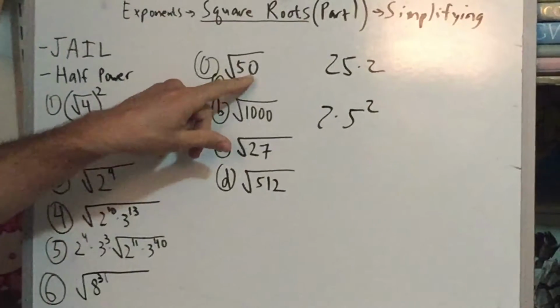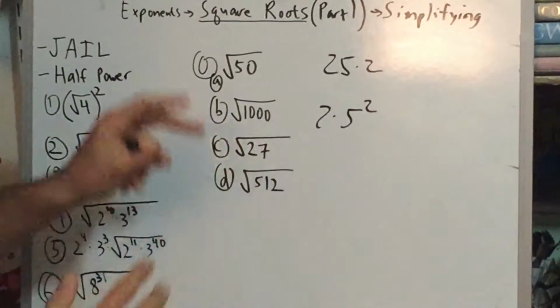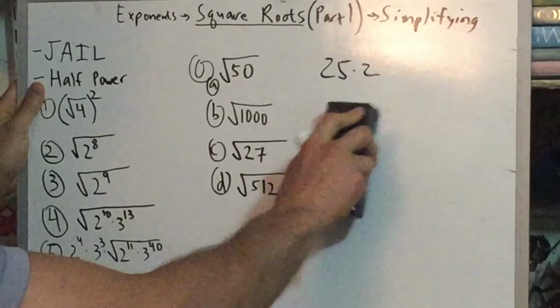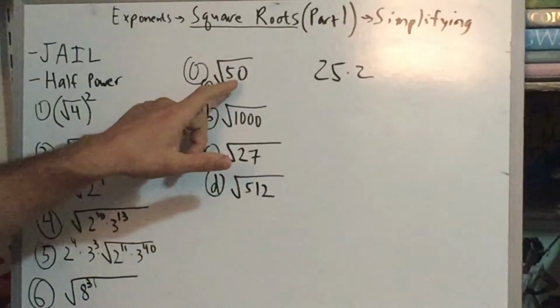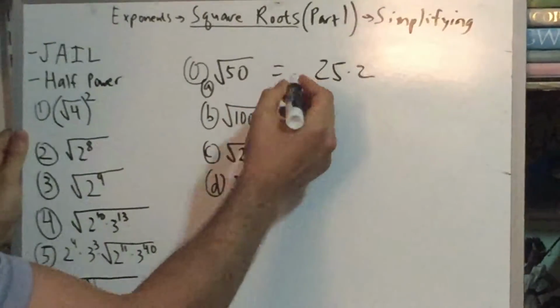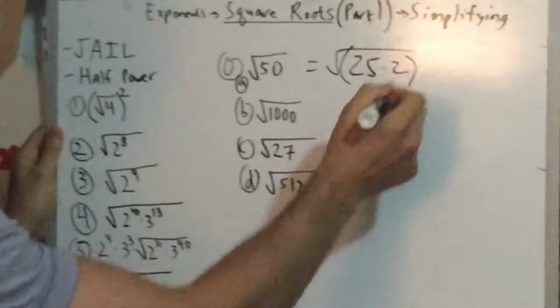So if the number is really ugly and large, you can actually break it entirely down. But if it's sort of easy to see, you might not have to do this, and you just want to find the largest perfect square, which is 25, that goes into 50. So if you see this, then you can break up your 50 into 25 times 2.